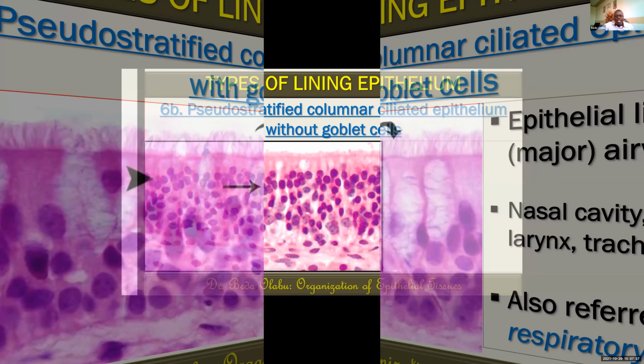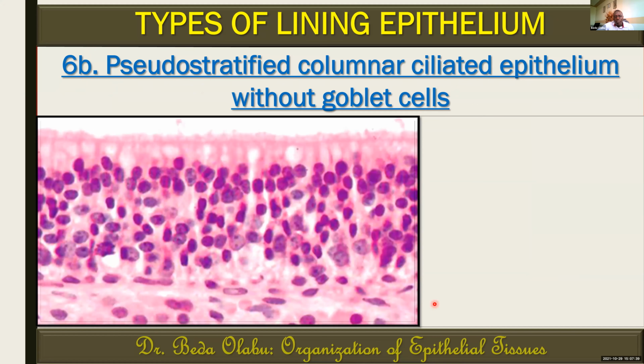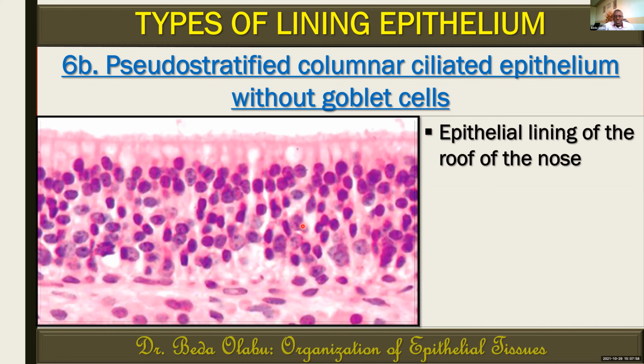The second subtype of pseudostratified columnar epithelium is pseudostratified columnar ciliated epithelium without goblet cells. So this is pseudostratified columnar again, and this is the cilia, but we don't see goblet cells here. This epithelium is unique to the upper part of the nasal cavity.